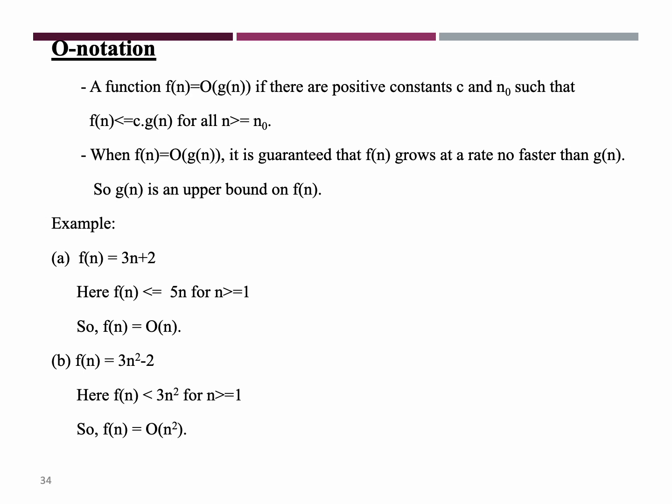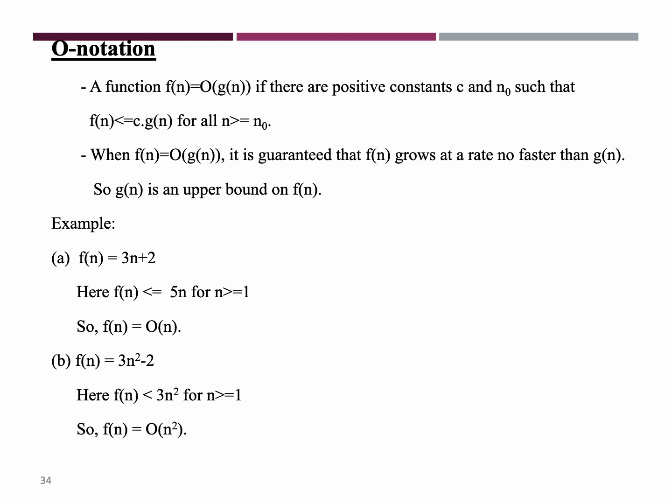Formally, we say that a function f(n) is O(g(n)) if there are positive constants c and n0 such that f(n) ≤ c·g(n) for all n ≥ n0. This means that g(n) acts as an upper bound for f(n) for sufficiently large values of n. Essentially, it ensures that f(n) grows no faster than a constant multiple of g(n).